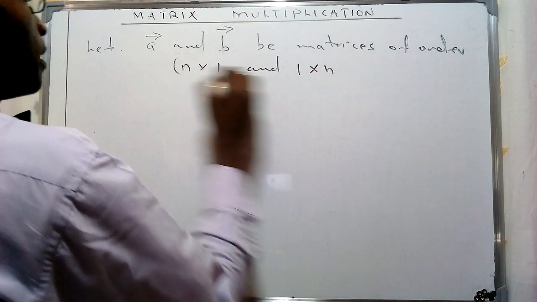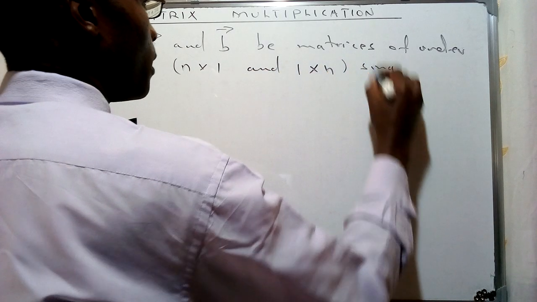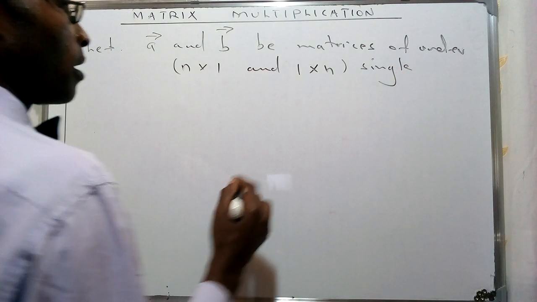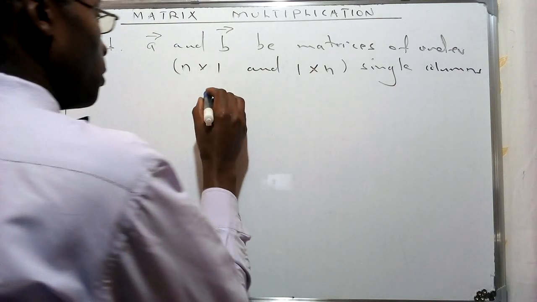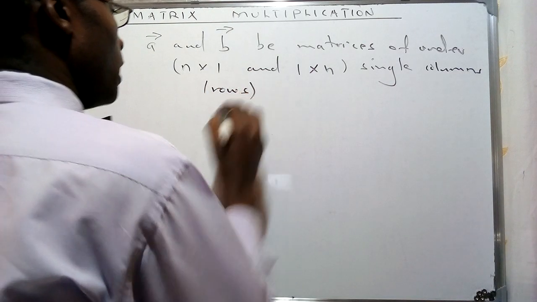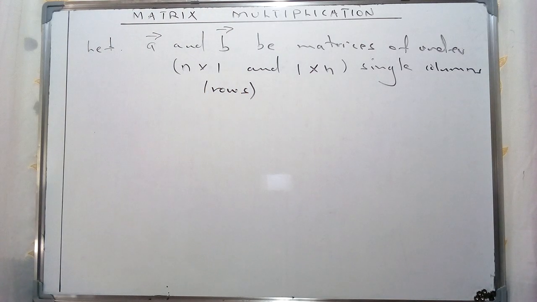So this is going to form what we refer to as a single column and row respectively. And these are going to assist us in trying to evaluate the various aspects of matrix multiplication.